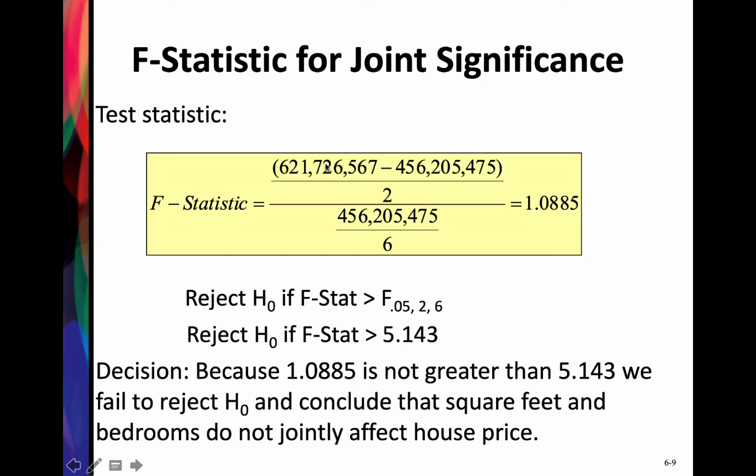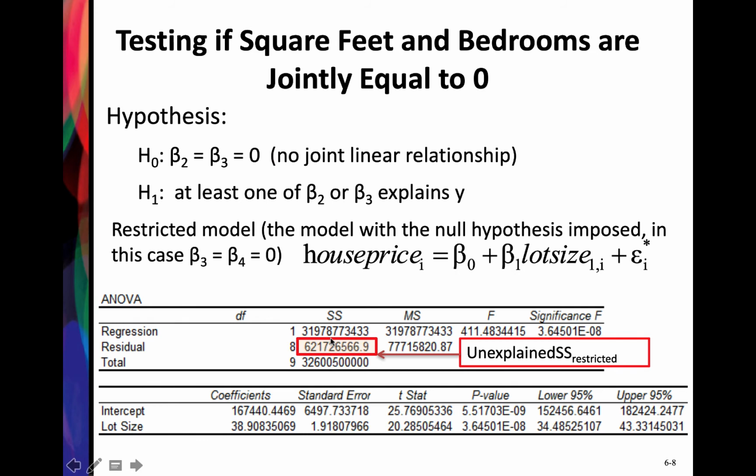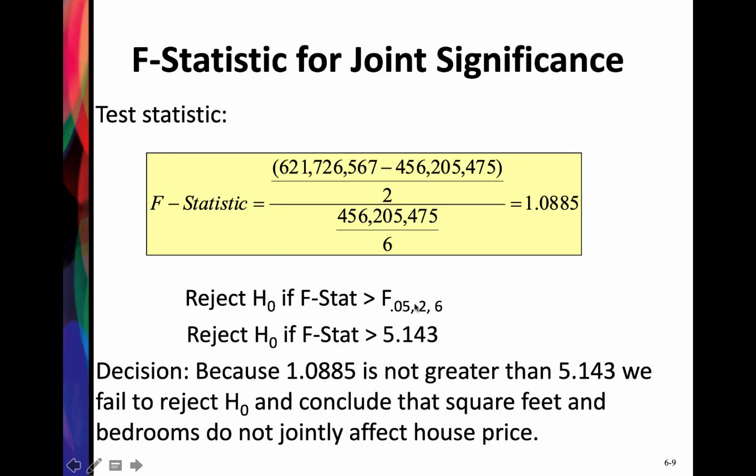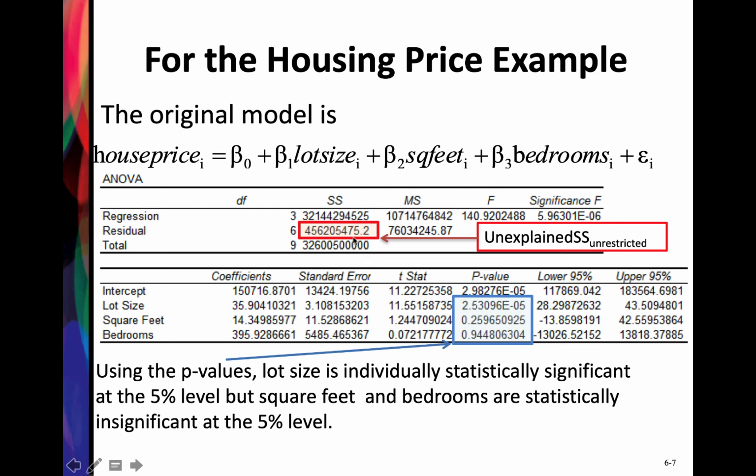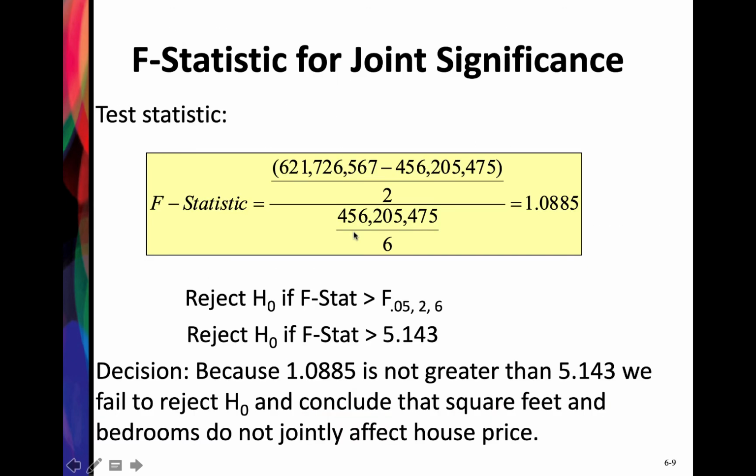Here's this number, 621,726,567, that's that number. And then 456,205,475, that's that number right there. And this F statistic always has to be positive. So for the unexplained sum of squared version of this test, it's always the restricted minus the unrestricted to make sure this is a positive number.